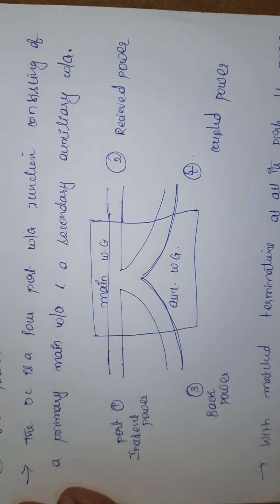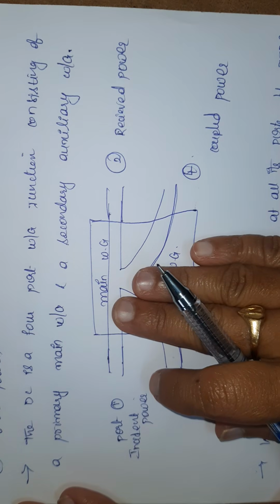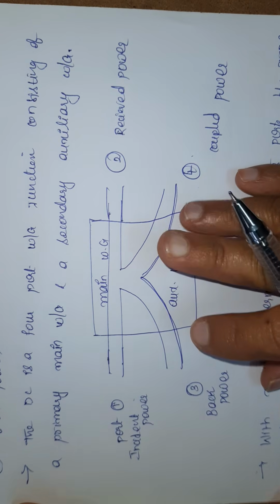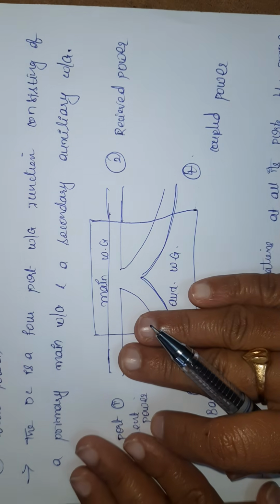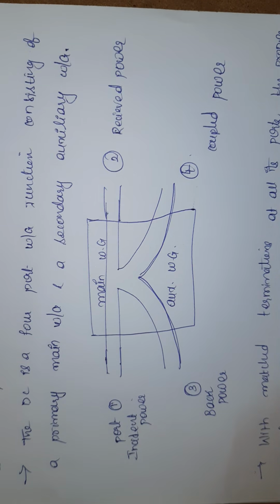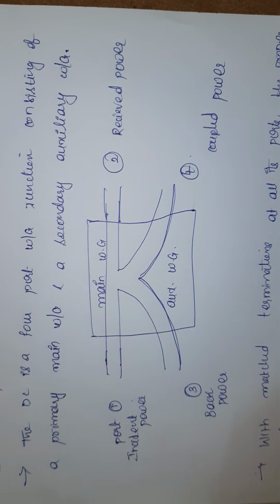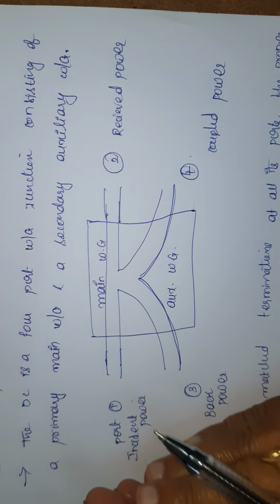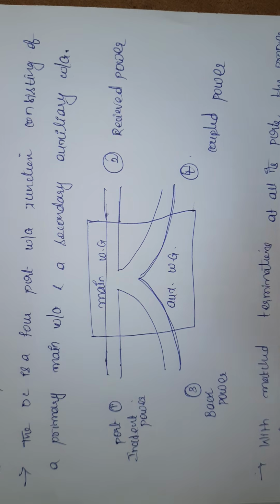So the DC is a 4-port waveguide junction consisting of a primary waveguide and a secondary auxiliary waveguide, and these directional couplers are used simply for measuring purposes, to measure the microwave energy which is incident or reflected.